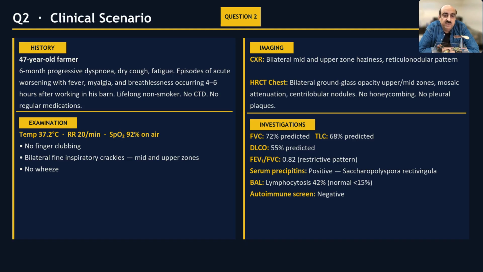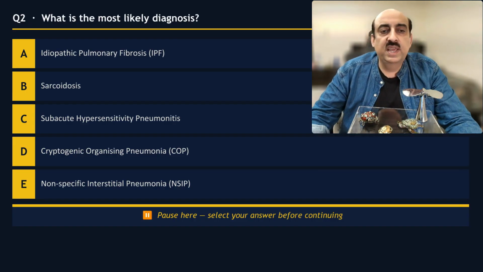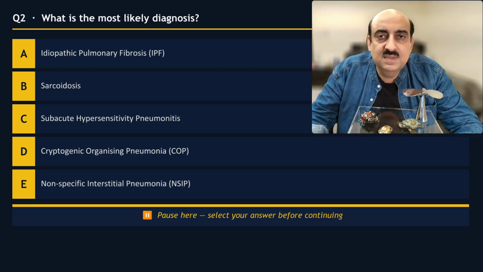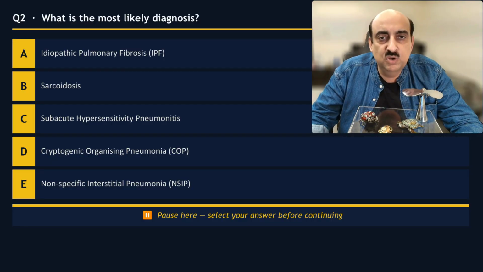The ratio of FEV1 and FVC is 0.82, suggesting a restrictive pattern. The serum precipitins were positive for Saccharopolyspora rectivirgula, and the bronchoscopy showed the BAL with 42% predominance of lymphocytes, and the normal reference is less than 15%. His autoimmune screen is negative. What is the most likely diagnosis? Is it A, idiopathic pulmonary fibrosis, B, sarcoidosis, C, subacute hypersensitivity pneumonitis, D, cryptogenic organizing pneumonia, and E, non-specific interstitial pneumonia?